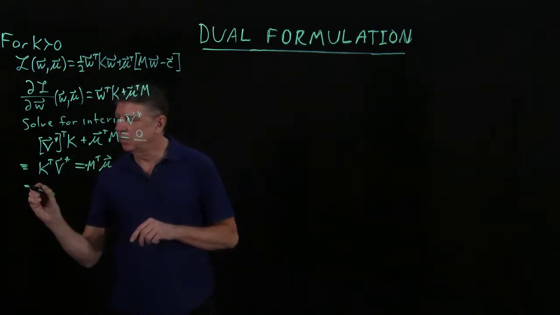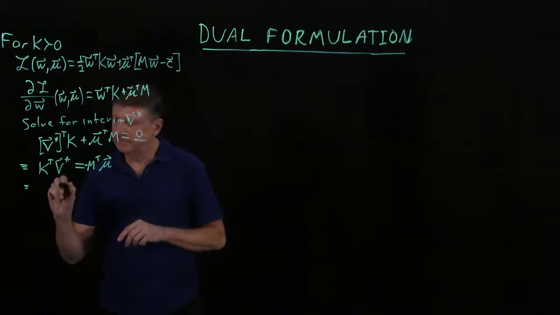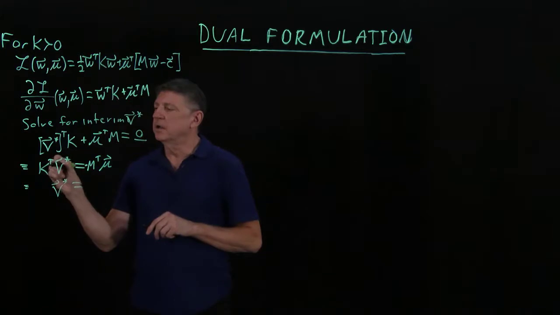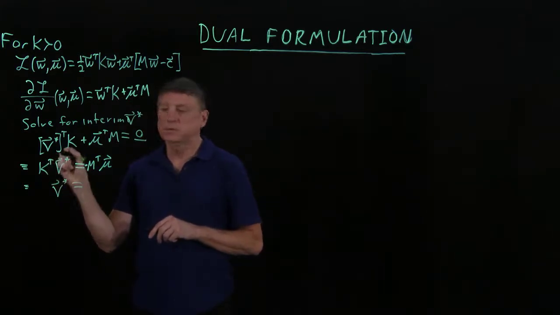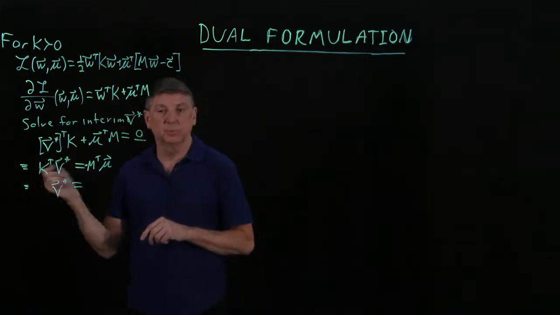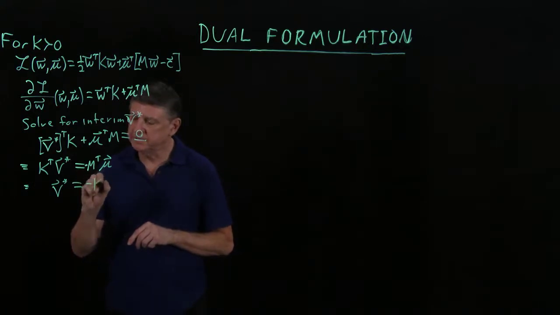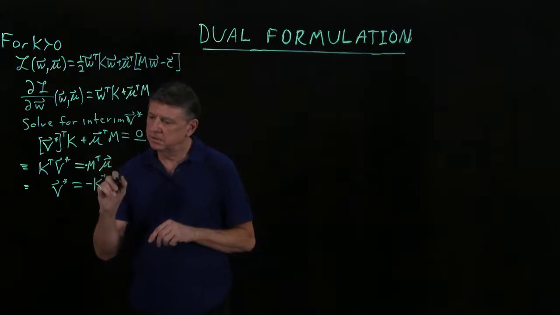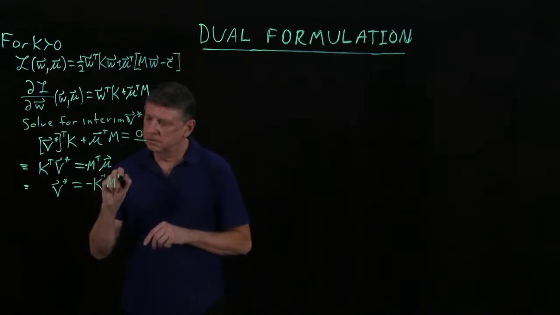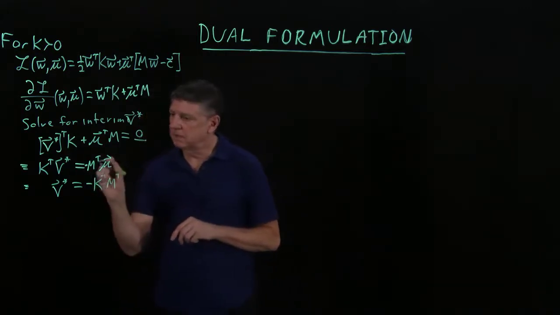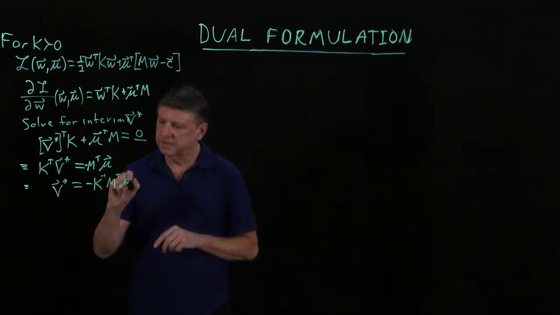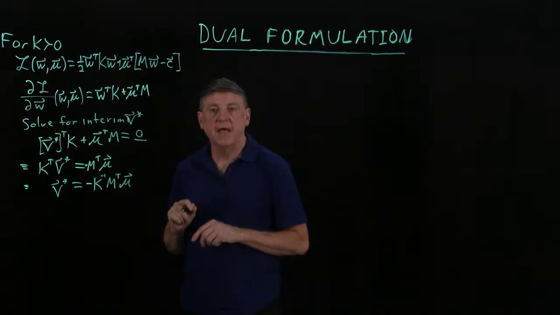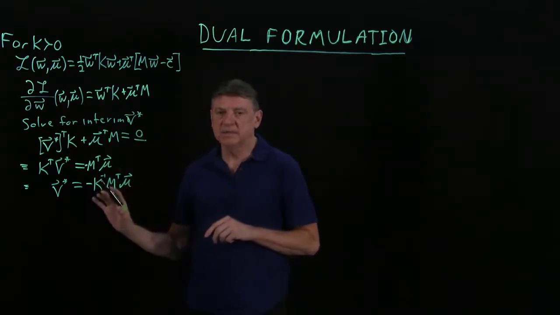That is equivalent to saying that V star equals minus K inverse, since it's invertible, times the transpose of the constraint matrix times the Lagrange vector.